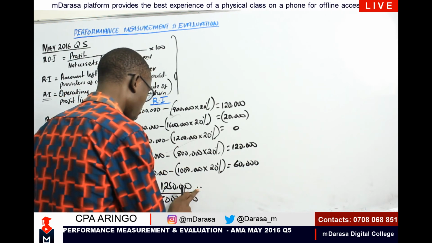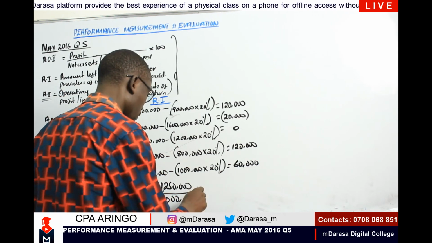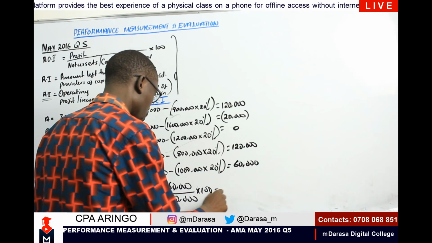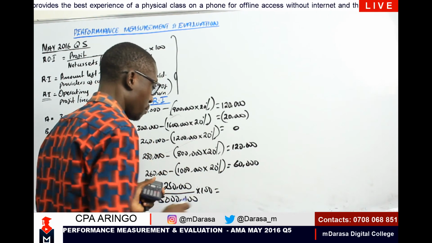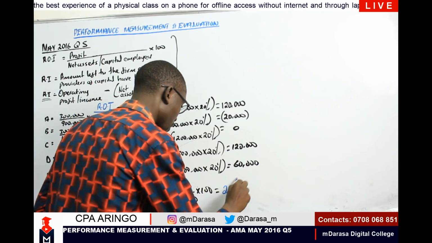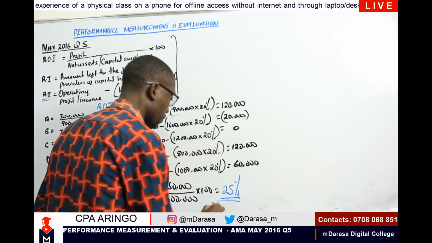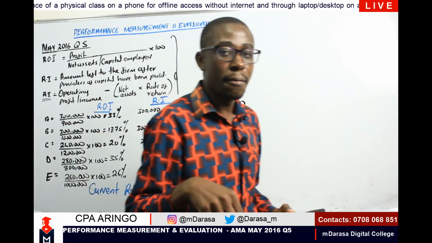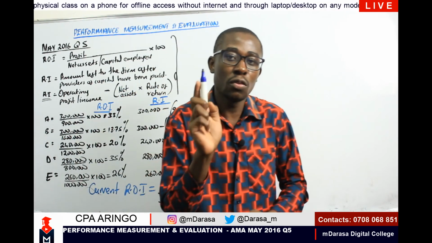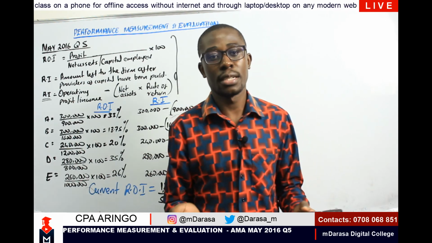Of course, you multiply by 100 to give us 25%. So currently, the return on investment of the company is 25%.